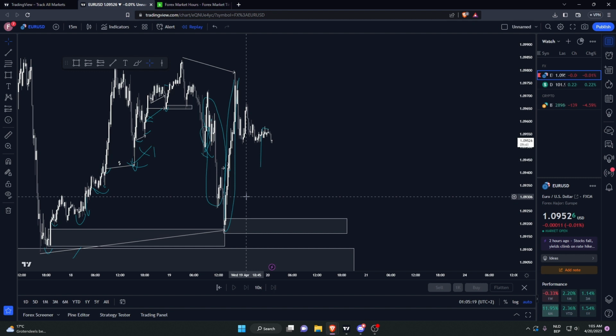So yeah, that's what I would do. Every other setup, you're gonna differ in your risk management. If you're confident in the A plus setup, you risk 1% or maybe even 2, depending on how good you are.